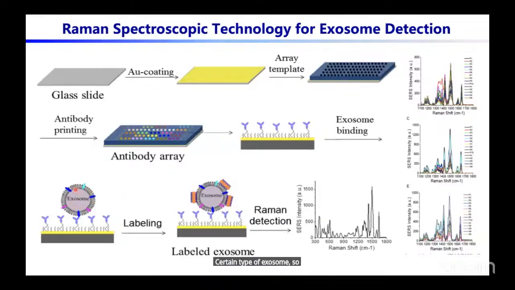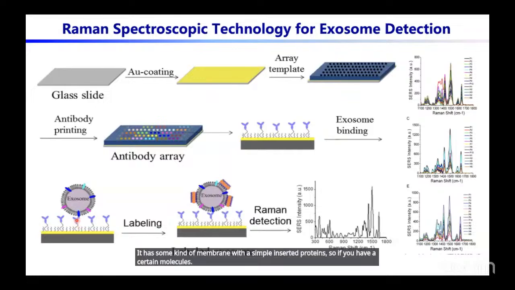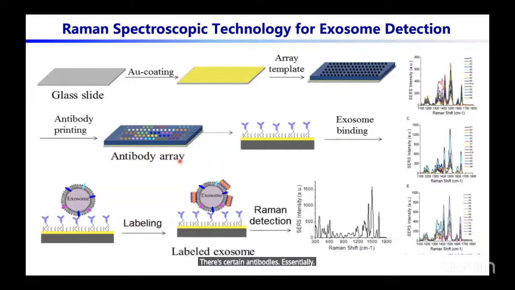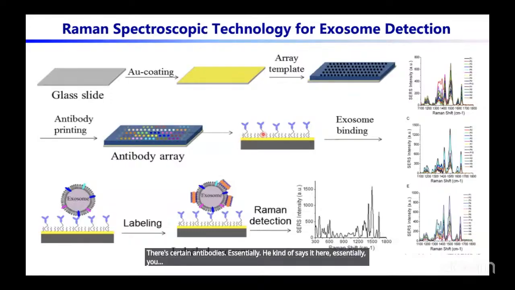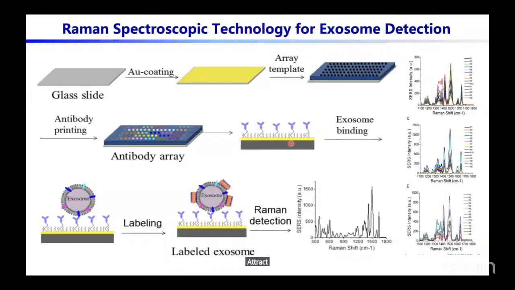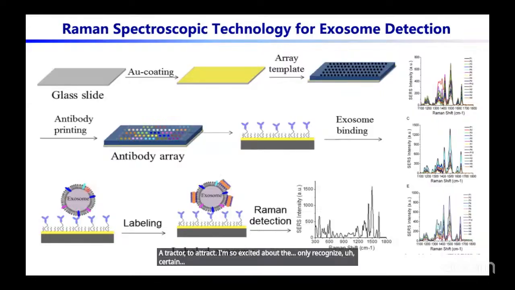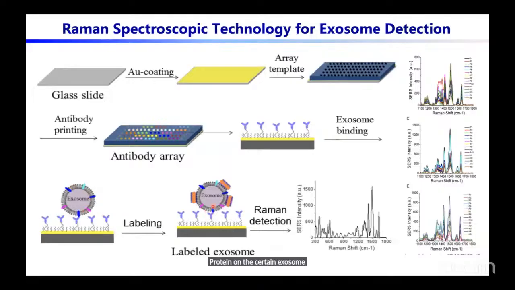You can see these are the exosomes. An exosome has a membrane with inserted proteins. So if you have certain molecules and a certain antibody, essentially you use the antibody as an attractor to attract exosomes. A certain antibody only recognizes a certain protein on a certain exosome, so that it can be specific to that exosome.